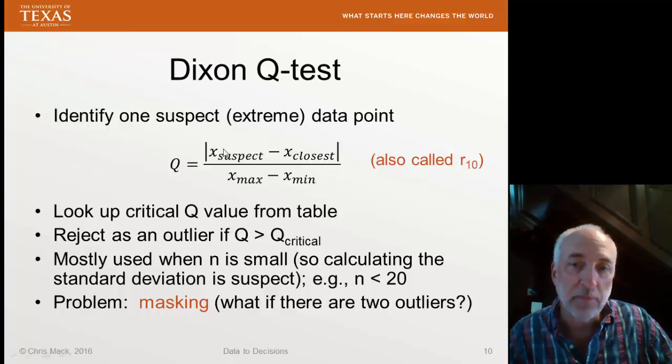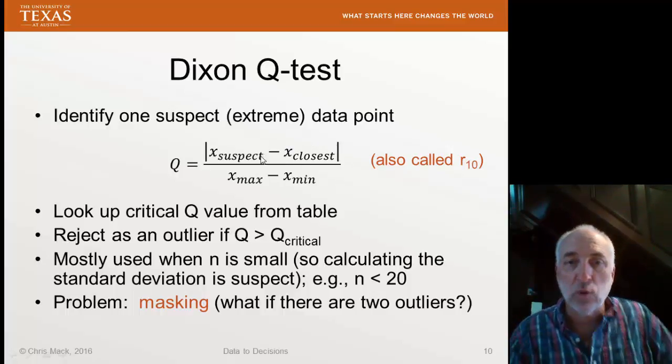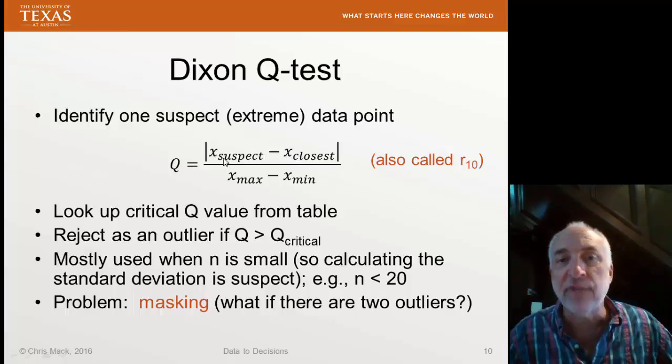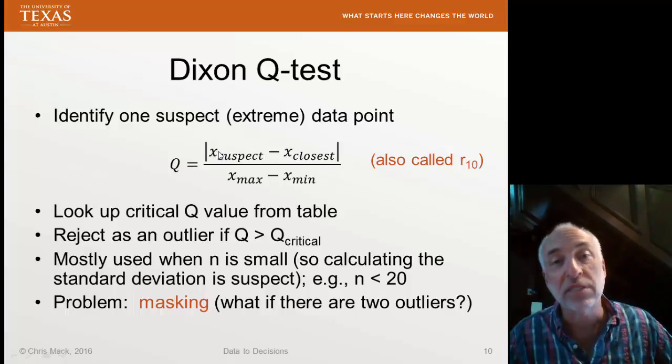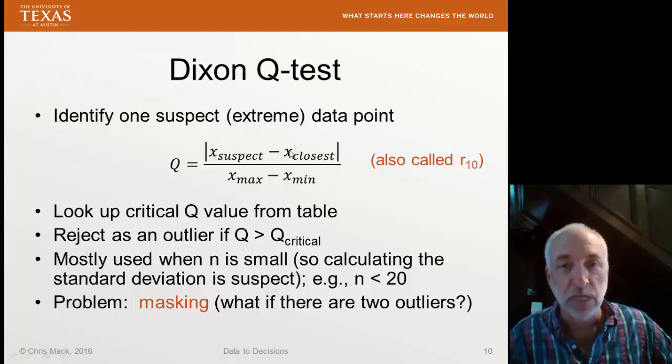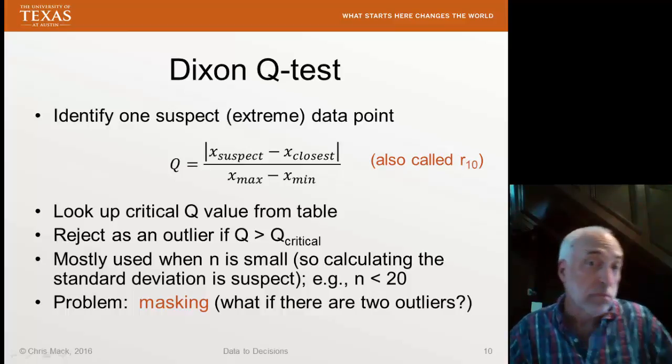So here's that suspect data point. It could be the max, it could be the min. And then we look at the next closest data point in an ordered list of all the data points. The difference between those two we call the gap. So this is the gap between the most extreme data point and its nearest neighbor. We then compare that to the full range of the data.